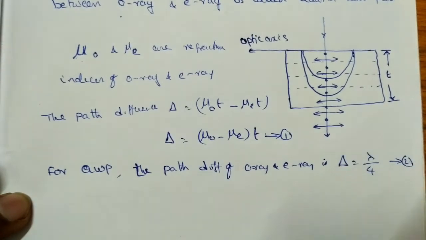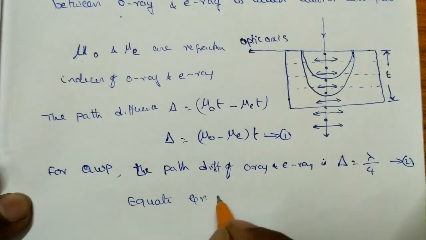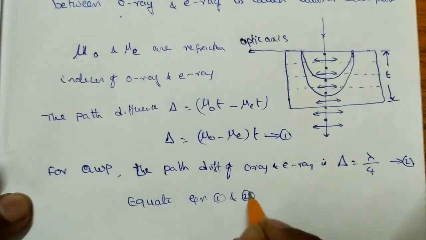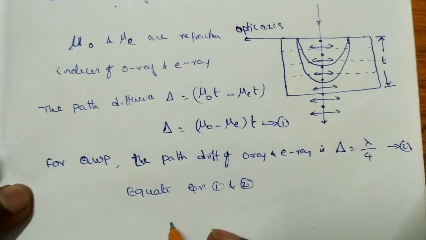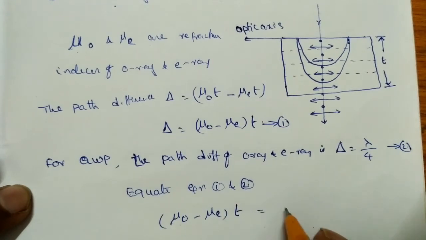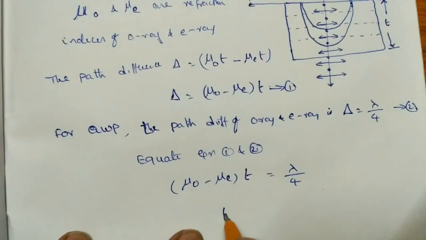This is equation number 2. Now equate equation 1 and equation 2. We get mu O minus mu E into t is equal to lambda by 4. Then the thickness t is equal to lambda by 4 into mu O minus mu E.